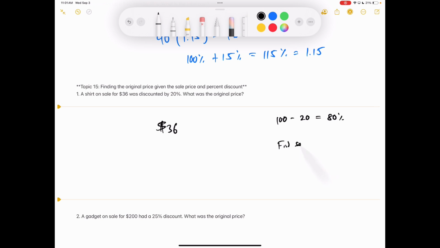So to find sale price, you multiply. To find original price, you are going to divide. So we are actually going to divide by 0.80 here because we paid 80% of the original price. And you get that it's $45.